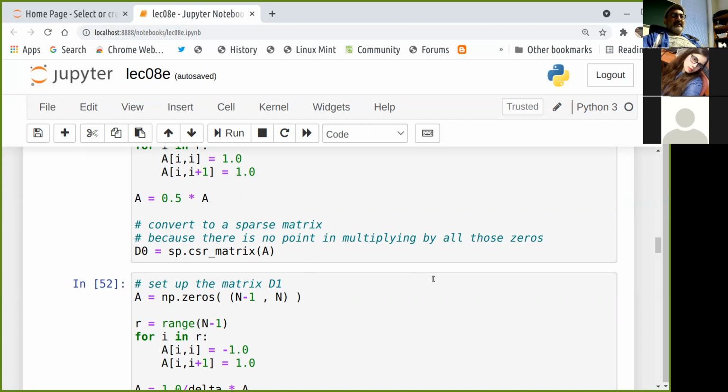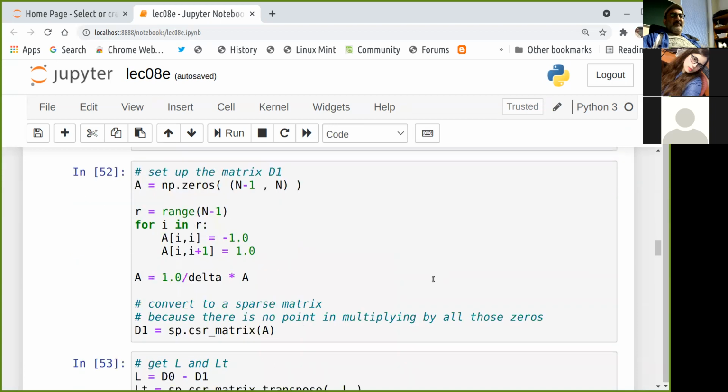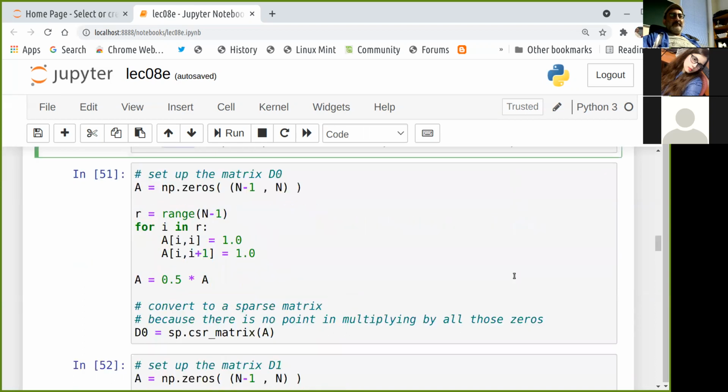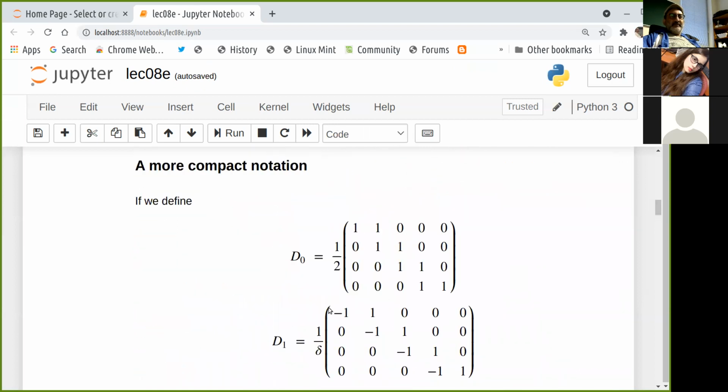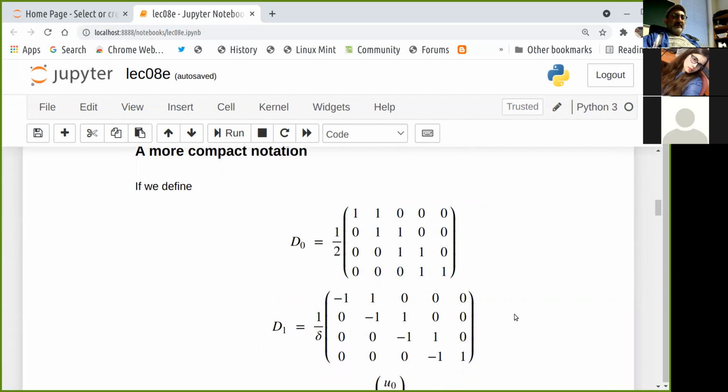All right, now let's set up D1. It's the same idea. It has dimensions n minus 1 by n. It's mostly zeros, so I'll start it off as being all zeros. And then I will go down, and the values which are supposed to be 1s and minus 1s in here, I set them up using a for loop.